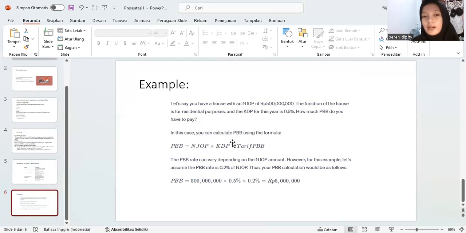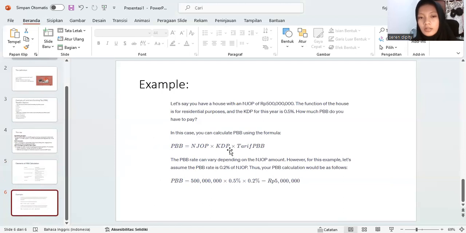In this case, you can calculate PBB using the formula: PBB equals NJOP times KDP times the PBB rate. The rate can vary depending on the NJOP amount. However, for this example, let's assume the PBB rate is 0.2% of NJOP. Thus, your PBB calculation will be as follows.